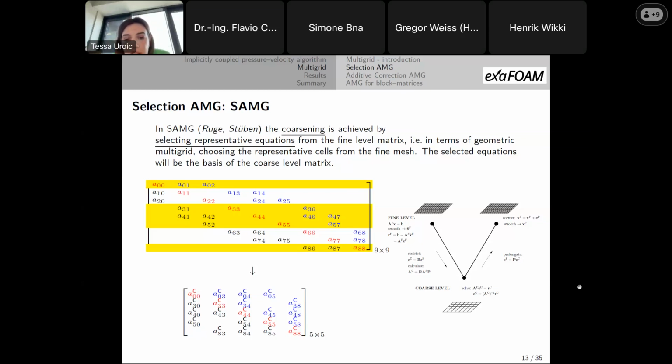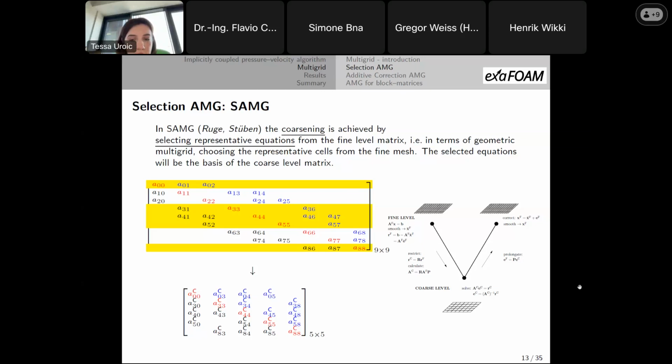To just put it in a simple illustration, on the left-hand side we have a 9 by 9 coefficient matrix, which on the coarse level will become, let's say, a 5 by 5 matrix. And what you can notice is that it became denser.